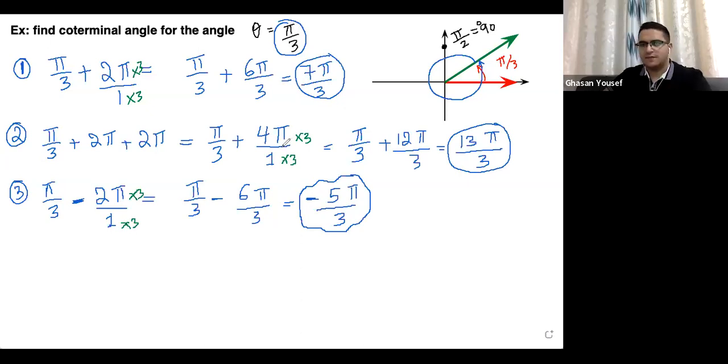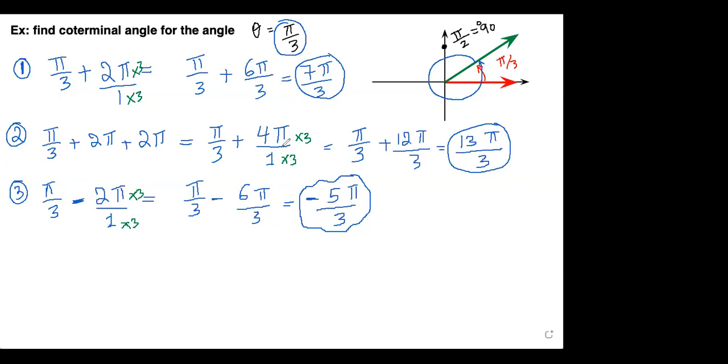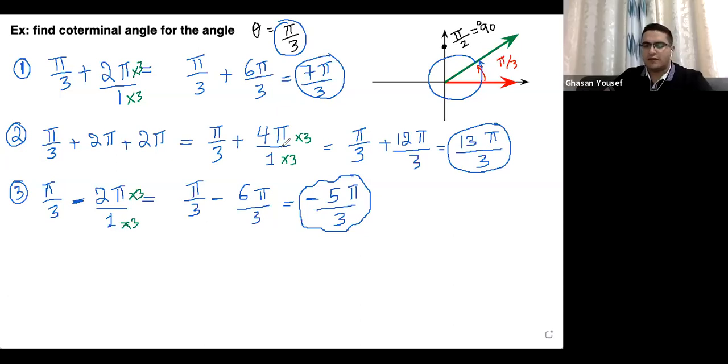Exactly, Eric. Yes, what's your question? Okay, so on the exam, if you ask us to find a coterminal angle, do we have to find 1 or 3? You can just find 2. It's fine to find 2.